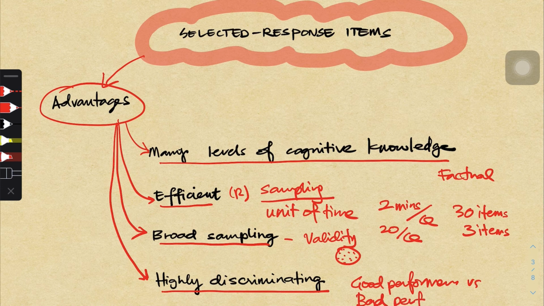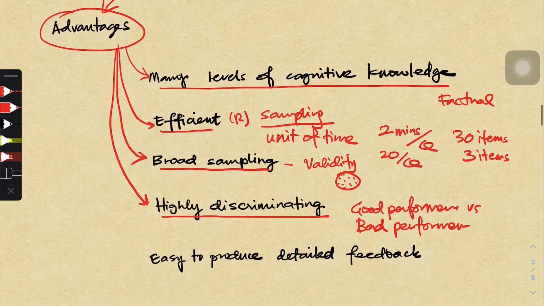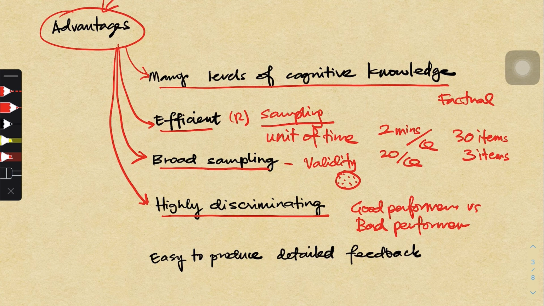So if all students sit for the exam, you can be more assured that the results will reflect the true performance, the true cognitive competency of the candidates. You can really know who are the good ones and who are the bad ones using a multiple true-false question or a selected response item.